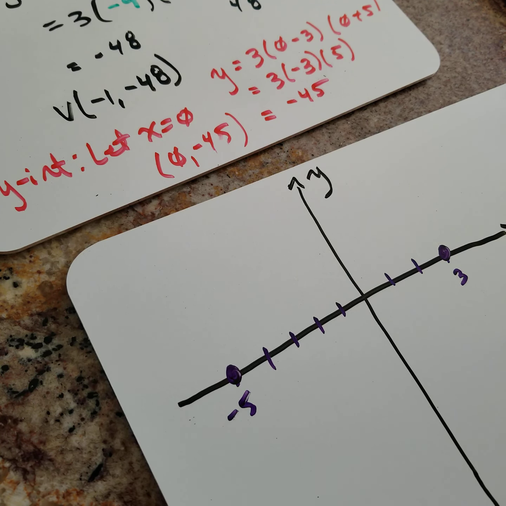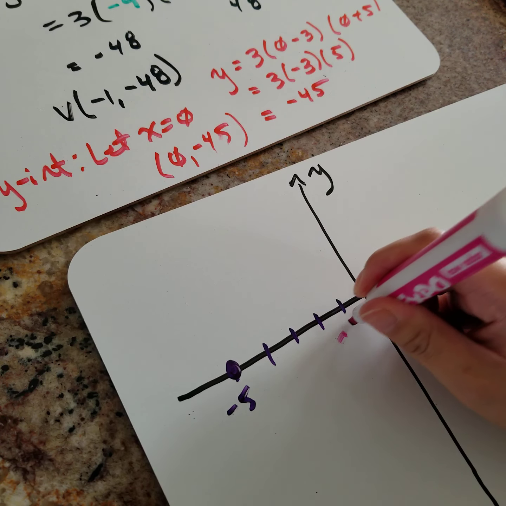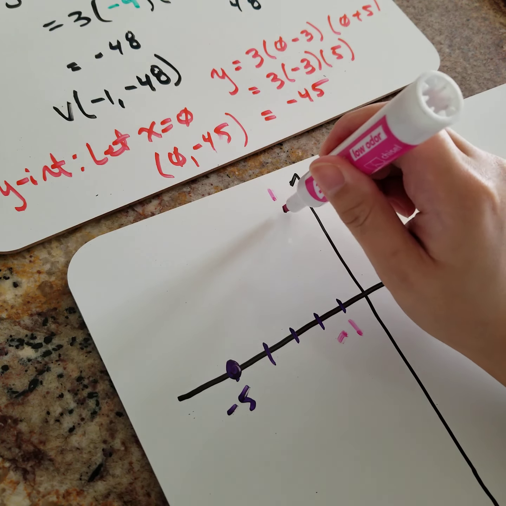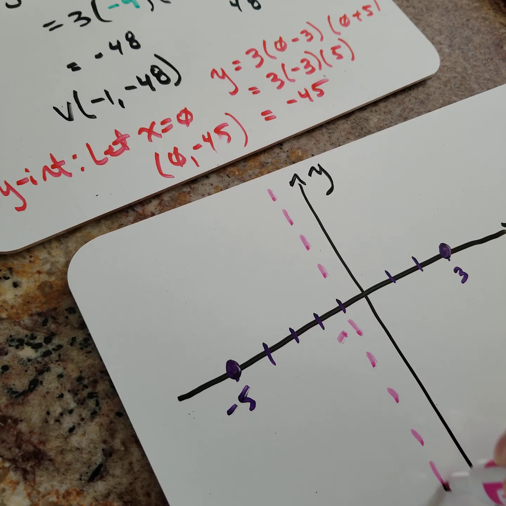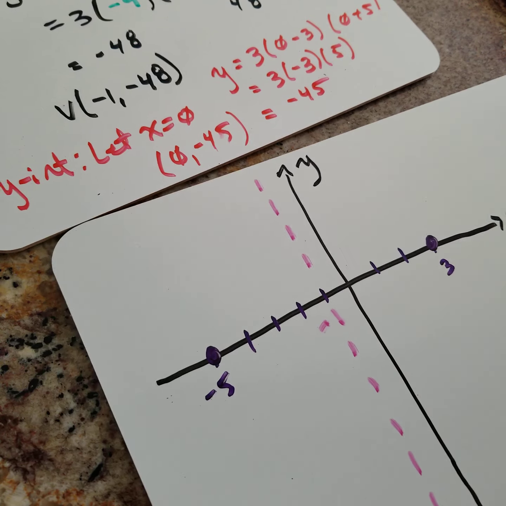My axis of symmetry was at negative 1. So let's draw that here. I'll draw my dotted line for my axis of symmetry. I'm going to go all the way down because I know I'm supposed to go all the way to negative 48.